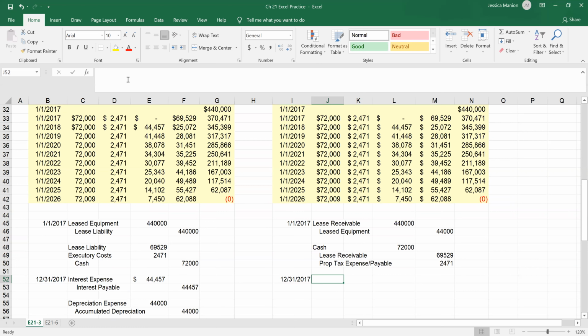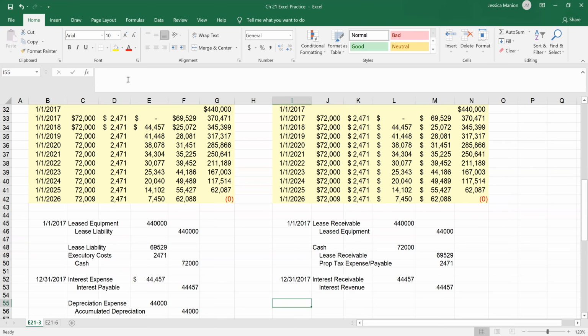And so for this one, we are debiting interest receivable 44,457, crediting interest revenue. Spell that right. Interest revenue 44,457 is what that one would look like.